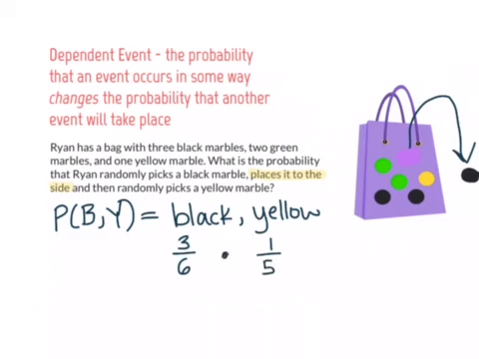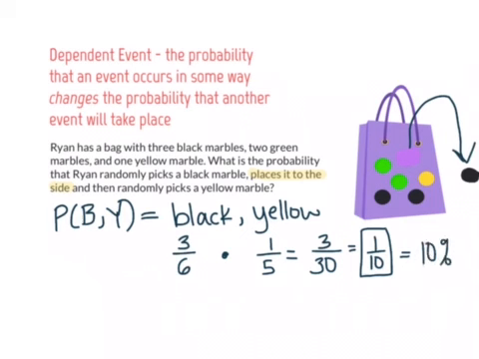I'm going to multiply these 2 probabilities together to get 3 over 30, and I can simplify that to 1/10, which is the same as a 10% chance.